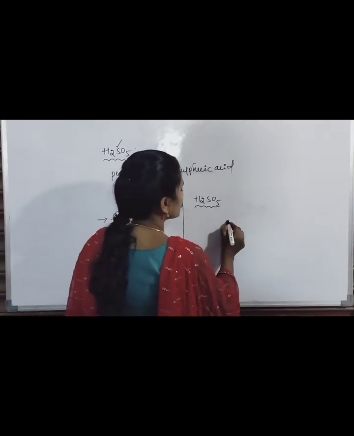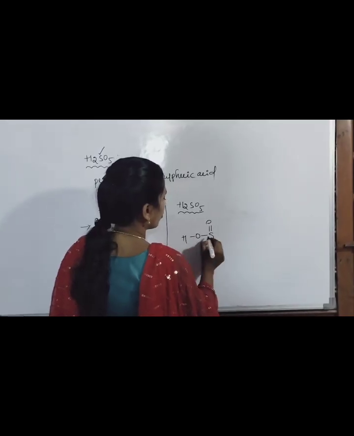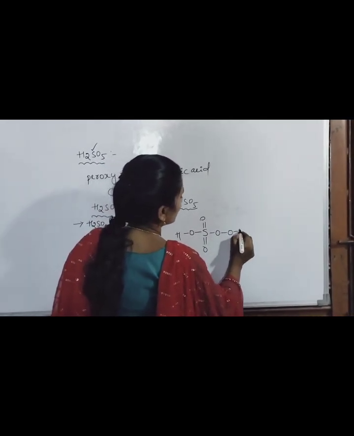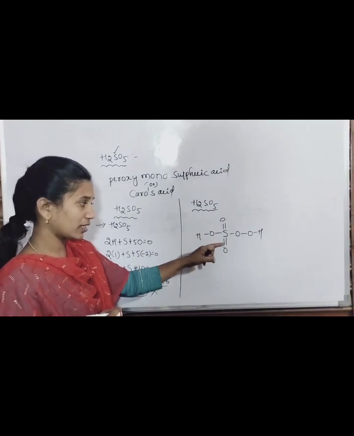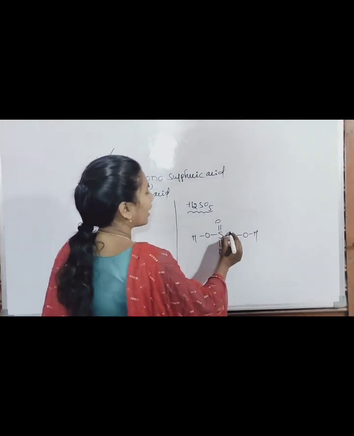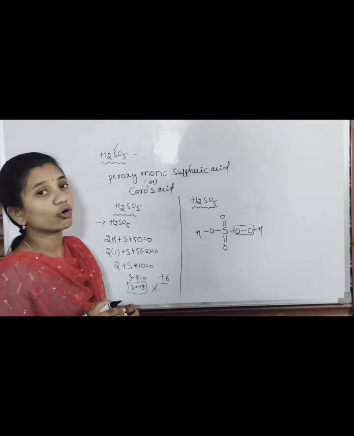Now let me write the structure for you. S double bond O, again it is OH, so this is the structure of H2SO5. If you observe this structure carefully, here the two oxygen atoms are attached by a single covalent bond.